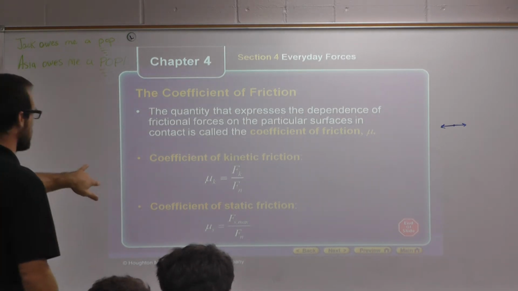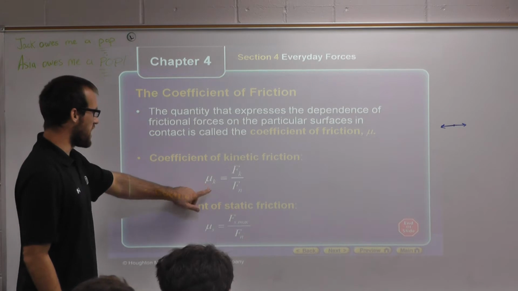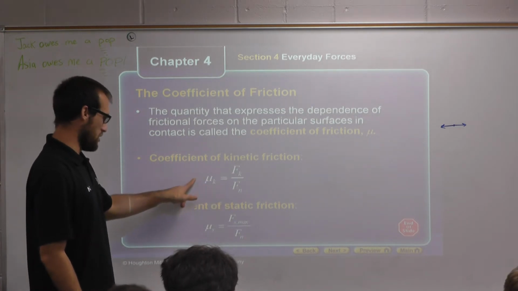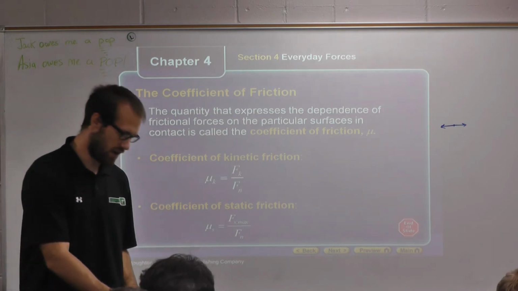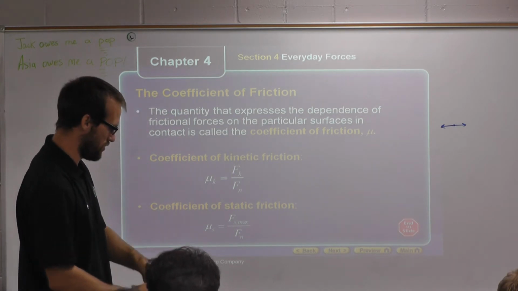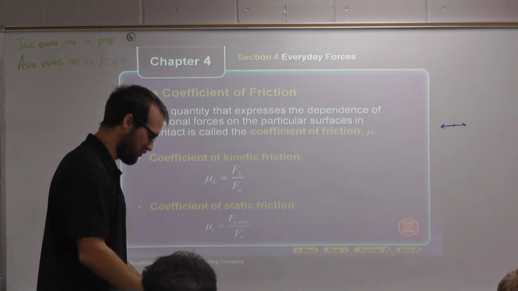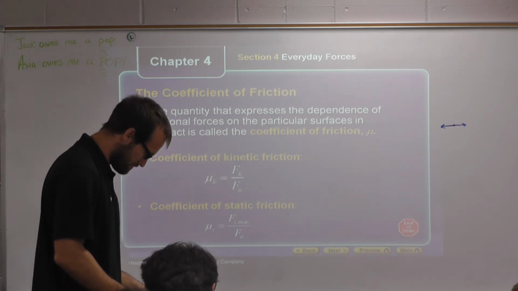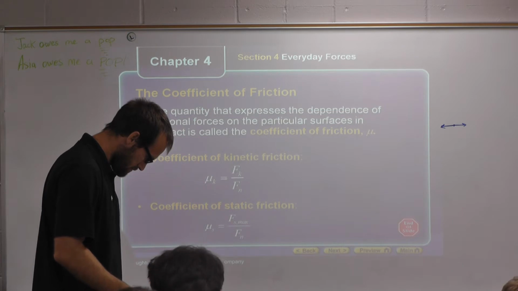Okay, so what these are used for is to figure out, these coefficients of friction are really dealing with your surface. I think in your book there should be a table that has the coefficients for each object.